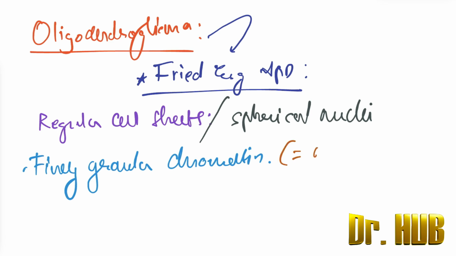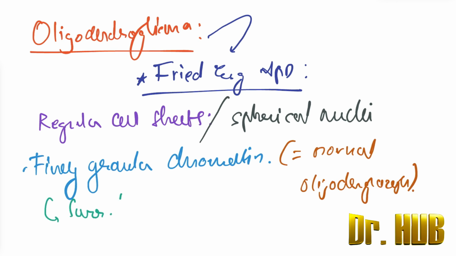They are surrounded by a clear halo of vacuolated cytoplasm.